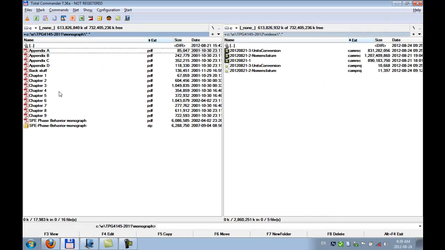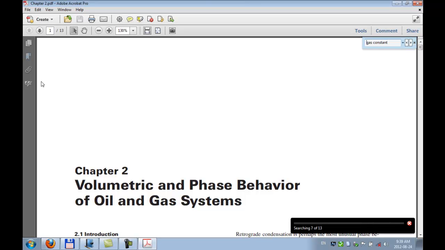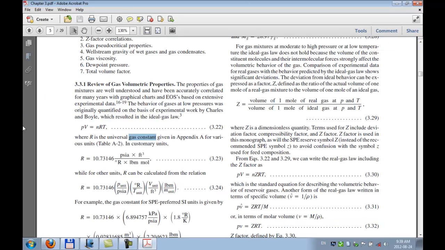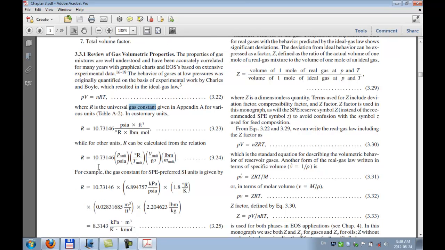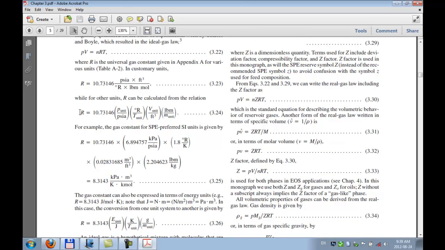You'll also find in Chapter 2 of the monograph, search for gas constant. Let's see here. Maybe it's Chapter 3. You'll actually find the discussion of what we've been looking at here, and you'll find an equation with an example showing the way to calculate R for any given set of units relative to the field units, which has the 10.73 number here.